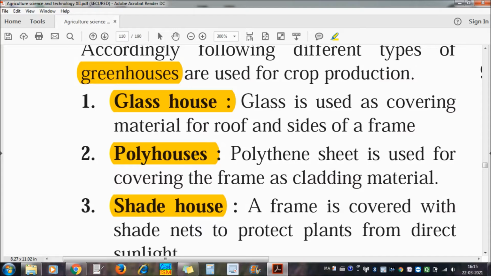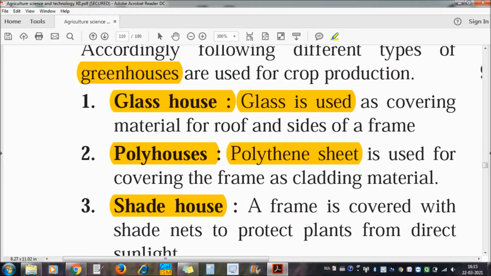Now name itself indicates that in this glass house, glass is used for covering, glass is used as a roof, and side frames are made. In polyhouse, polythene sheet is used to cover the frame as a cladding material.